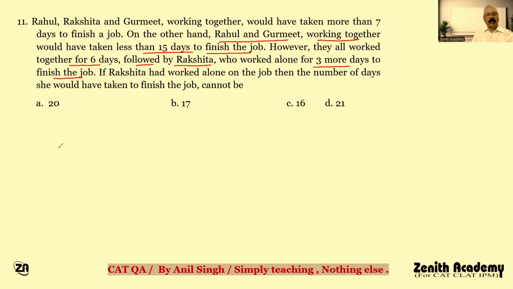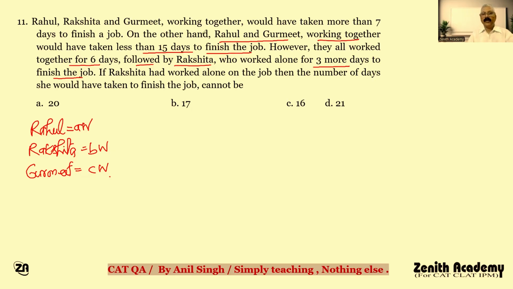So suppose Rahul does A work daily, Rakshita does B work daily, and Gurmeet does C work daily. So when they are working together, they would have taken more than 7 days to finish the job.